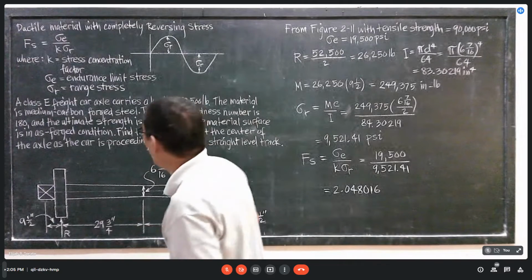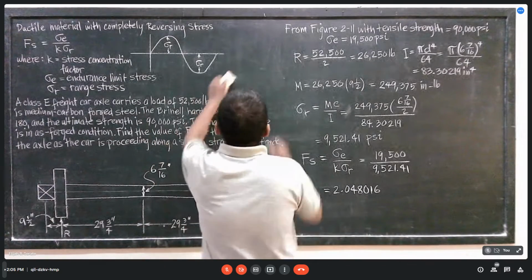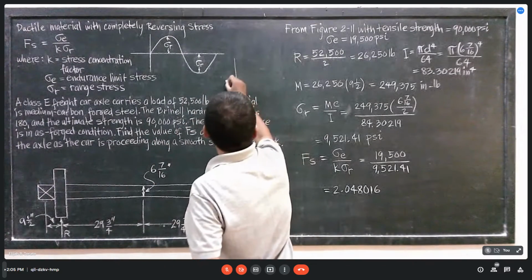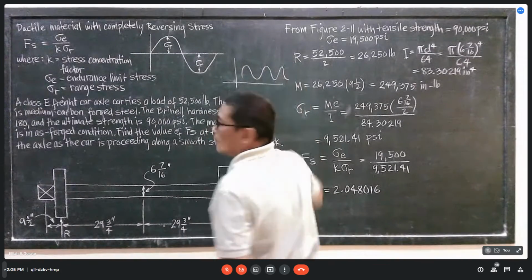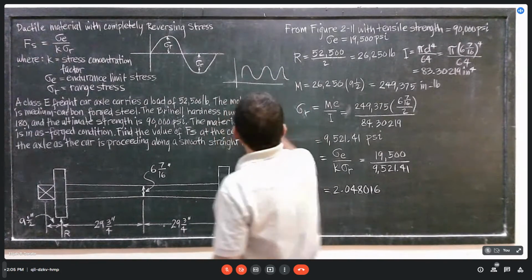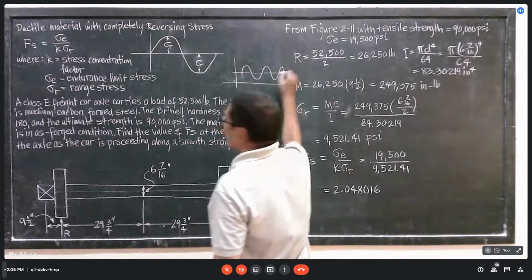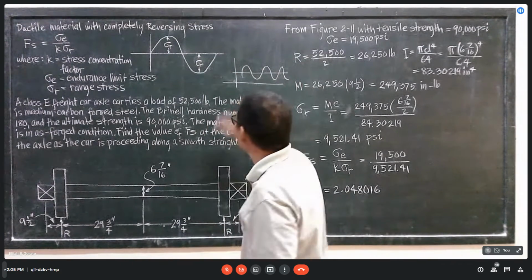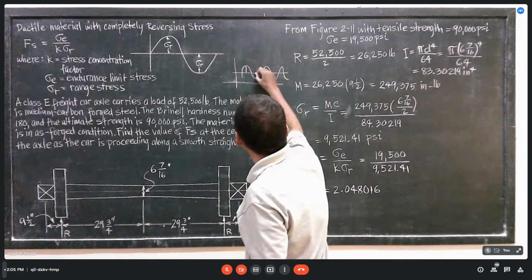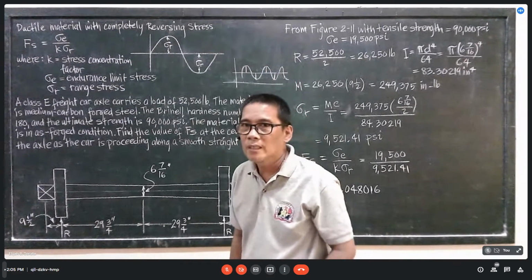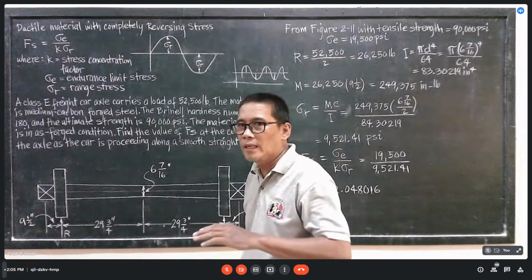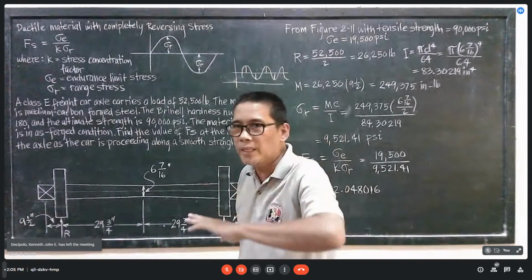However, in certain cases, probably ana siya. So, this is your average, and your range is this one. That is the meaning of range. Range stress is the swing from the average.